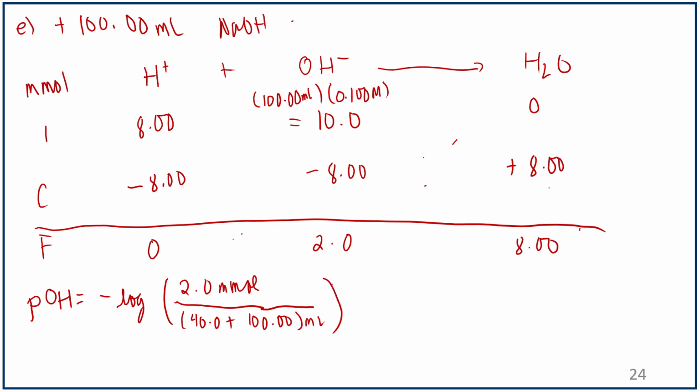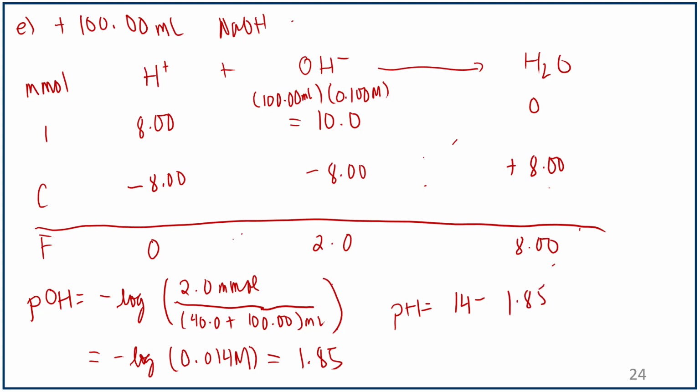That should just give you negative log of 0.014 molar. Therefore the pOH is 1.85, but we are asked for pH, so therefore the pH of the solution is 14 minus 1.85. So that should be equal to 12.15.